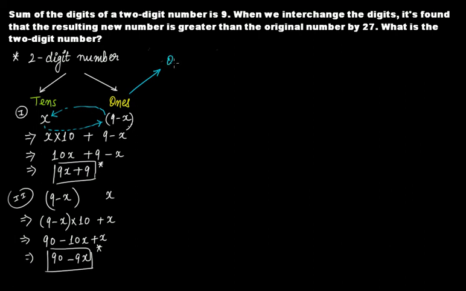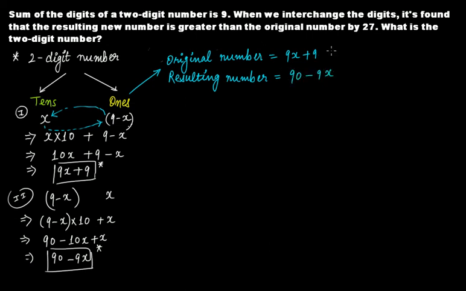If your original number is 9x plus 9, what will be your resulting number? Your resulting number will be 90 minus 9x. Very good.